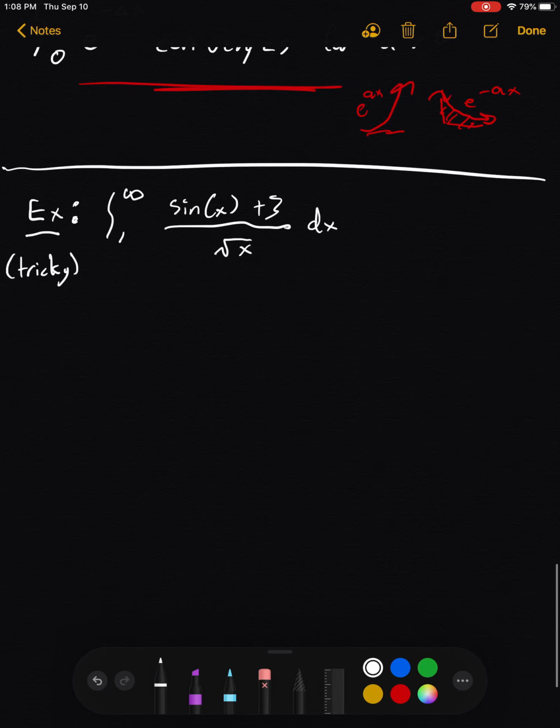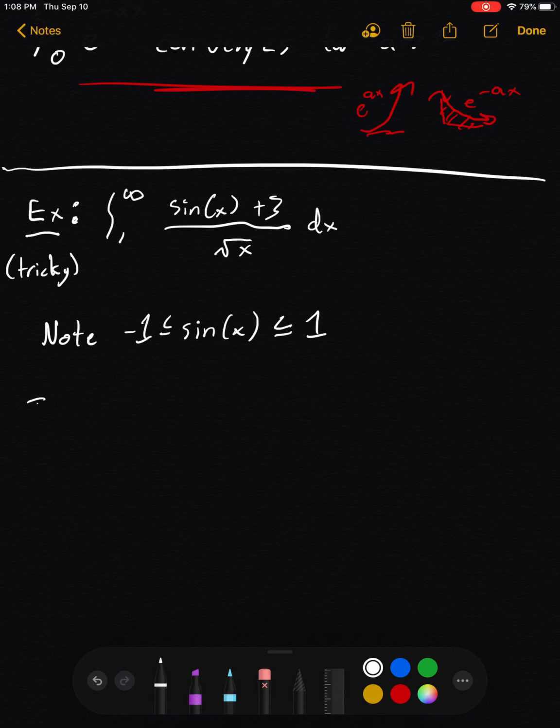What I can do for this one is note that sine of x always fluctuates between 1 and negative 1.